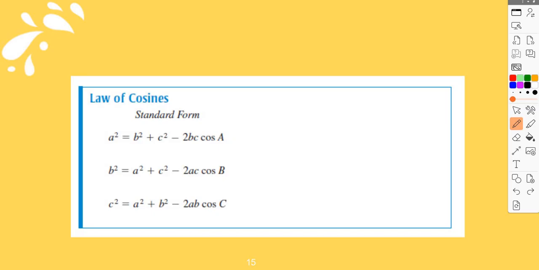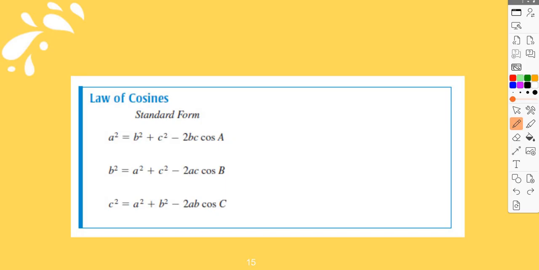And so then what would big A be? 90. And what is cosine of 90 degrees? 0. So notice that that second part, the minus 2bc cosine of A, would all go away. And we're just left with A squared equals B squared plus C squared, which is our Pythagorean theorem.